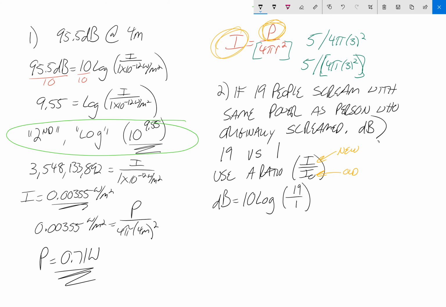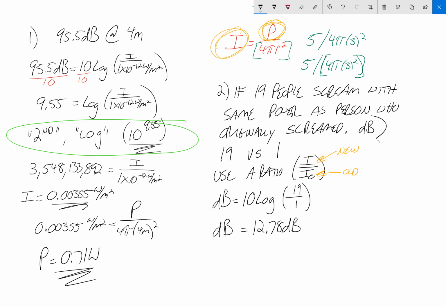Your new to old is 19 to 1. Again, 19 people screaming with the same power gives you 19 times the intensity. Simply putting this in a calculator, you would just do 10 log of 19, and the calculator would spit out that it is 12.78 decibels.